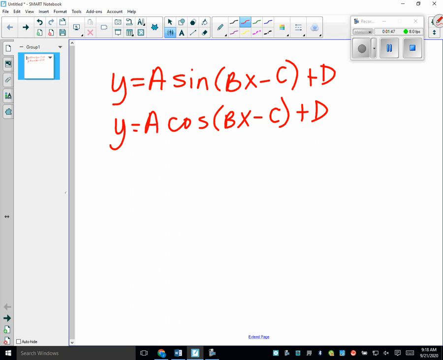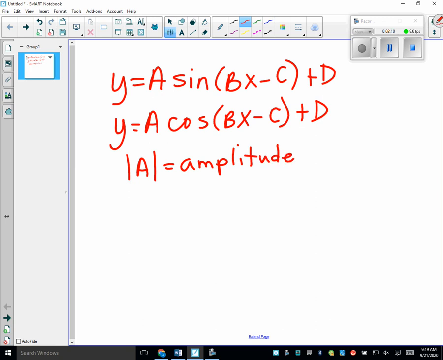Can you tell me what the letter A stands for? Amplitude. However, isn't it true it is the absolute value of A? So the absolute value of A is amplitude.